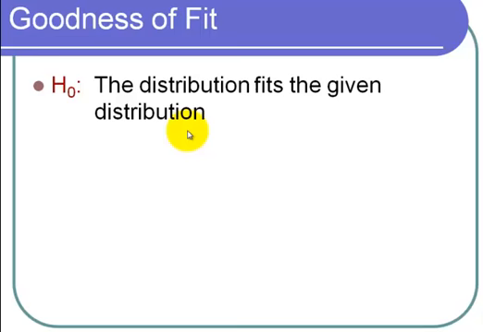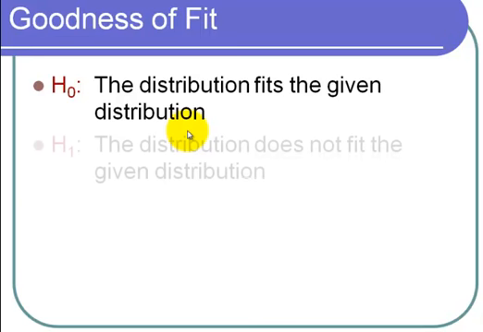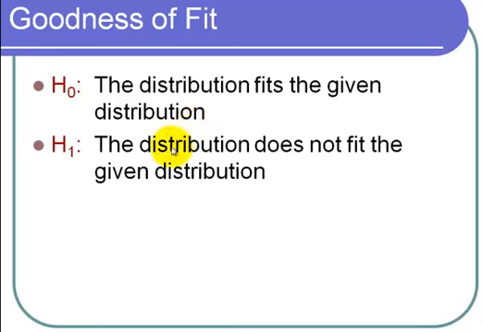That might be an example of H0. On the other hand, H1 is the opposite, which means that the distribution does not fit the given distribution. So maybe it isn't a normal distribution. So you check it. Is it normal? Is it not normal? Well, we're going to be able to show that maybe it's not normal. We won't show that it is normal, because you never accept H0, you only accept H1.